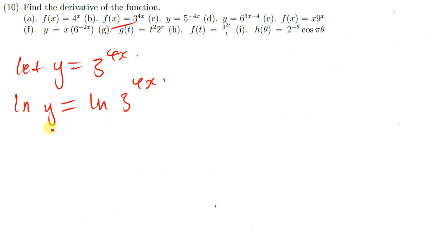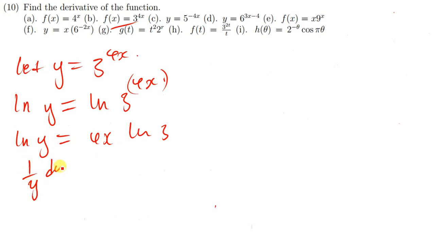Okay, so we have ln y this side, and then we say this is equal to, drop down this, we're going to have 4x, then you have ln 3. So differentiating this expression will give us 1 over y dy/dx is equal to, differentiating this other part, we're going to get 4 ln 3.